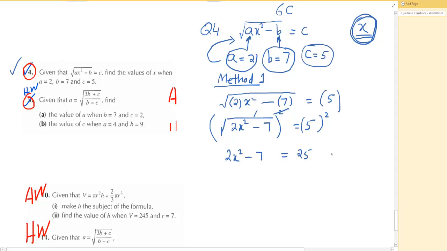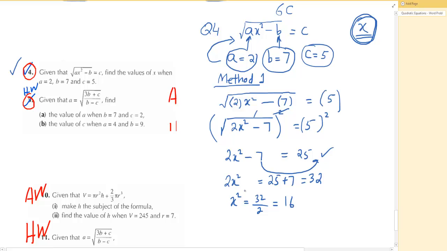And now we have an equation in which the square root is removed. So I will shift this minus 7 over here. It will be 25 plus 7, which will give me 32. And x square is 32 over 2, and it is 16.